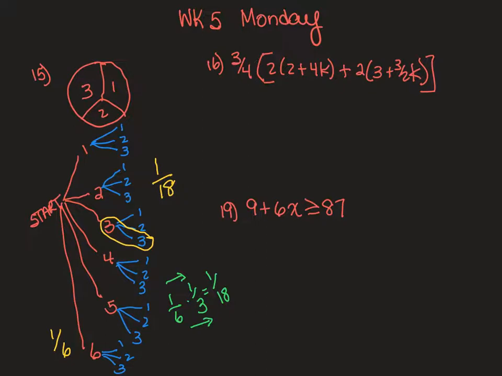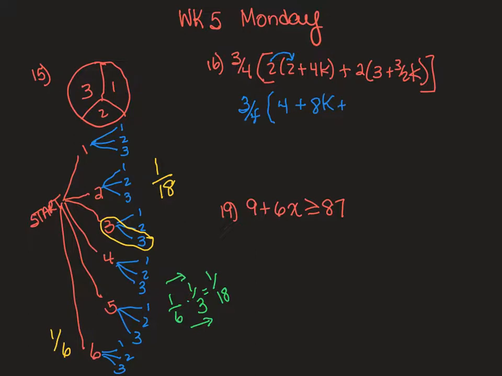So let's look at what we're doing. First thing we're going to do is we're going to distribute. So we're going to distribute this 2 to these two expressions. Okay, so I have 3/4. I don't want to forget that, right? 3/4. And so 2 times 2 is 4. And 2 times 4k is 8k.